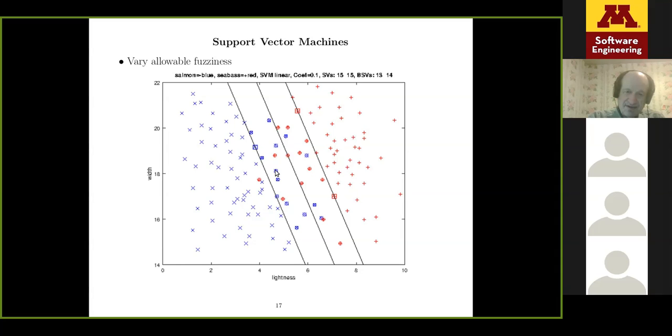But it also gives you a much bigger region of uncertain classification. Even this, though, is not sufficient to prevent something being confidently misclassified, with this red point here way on the wrong side.